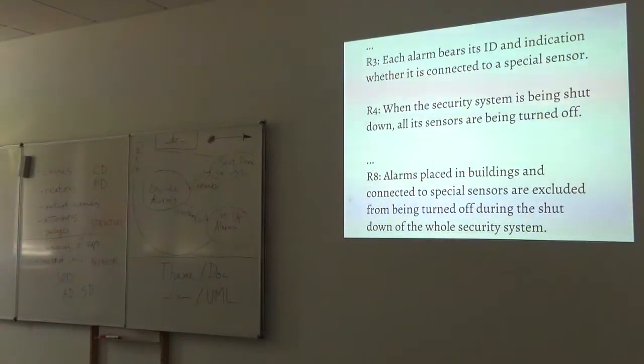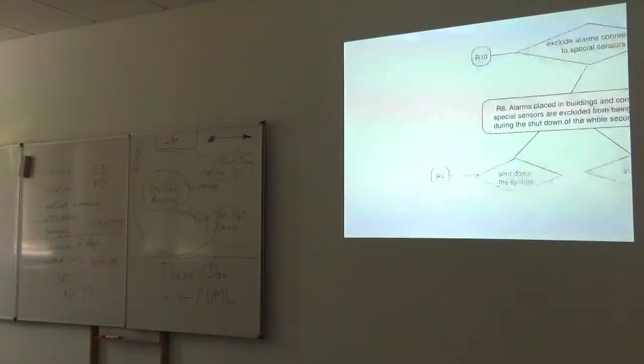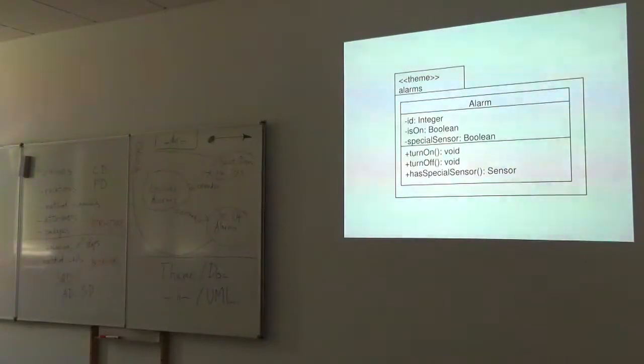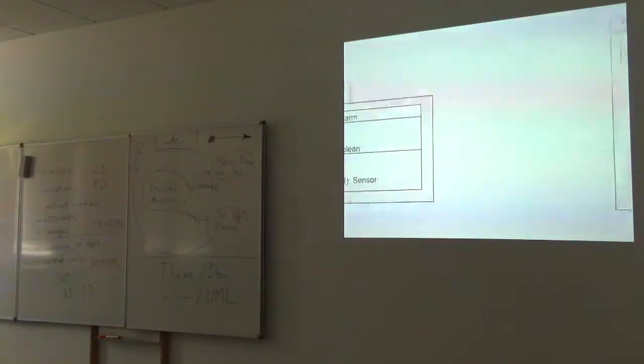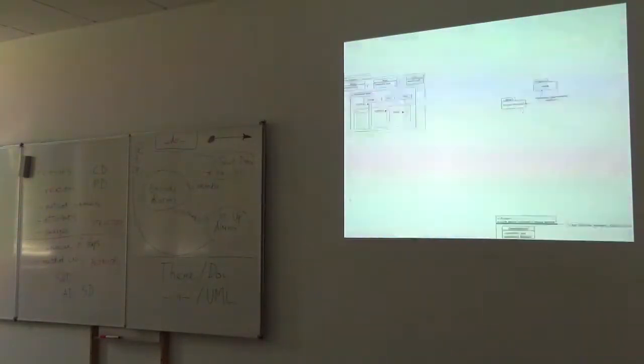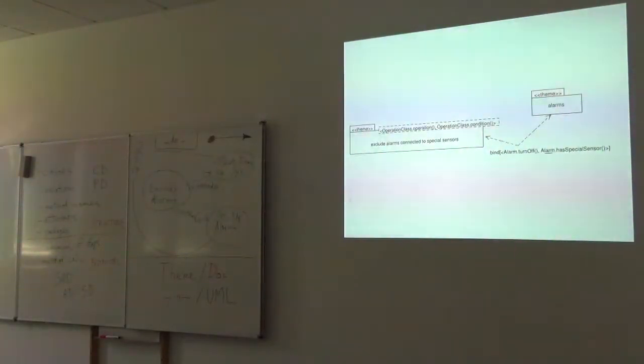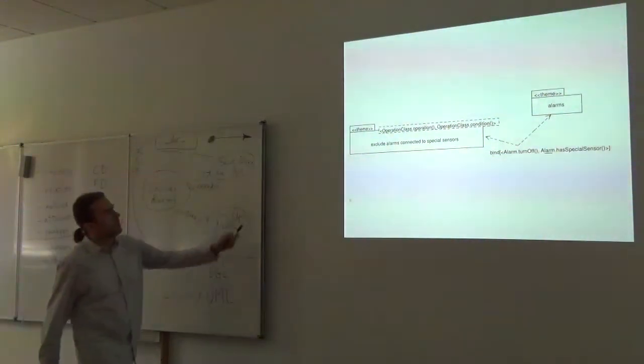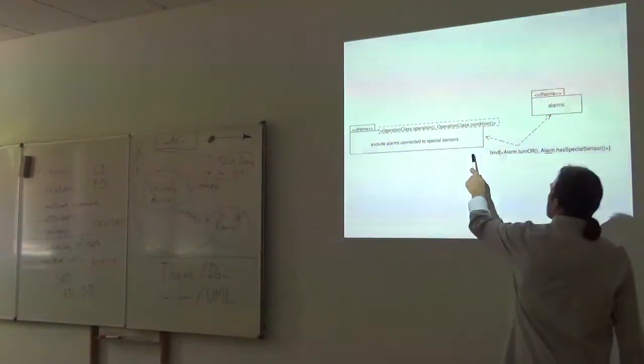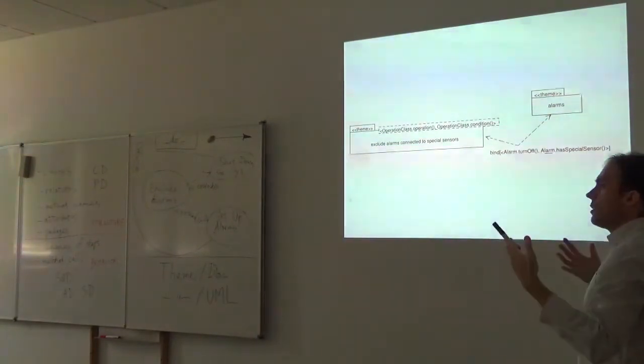So we might have some alarms that are not placed in buildings, and some alarms are connected to special sensors, and some alarms are not connected to special sensors. This is indicated to some extent here. So we know that, but we need to decide to actually filter this out, and we do this by this theme, which is defined in a much more generic way.